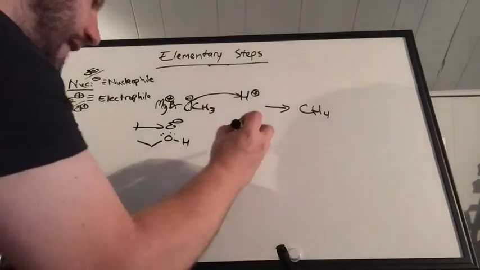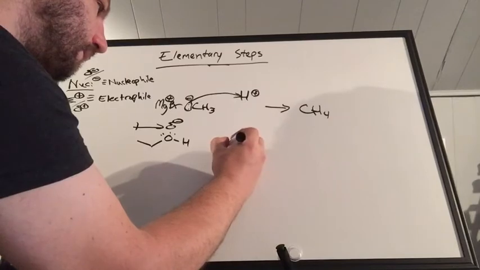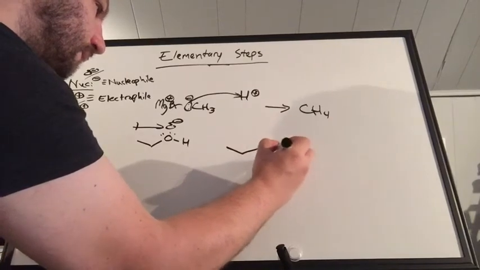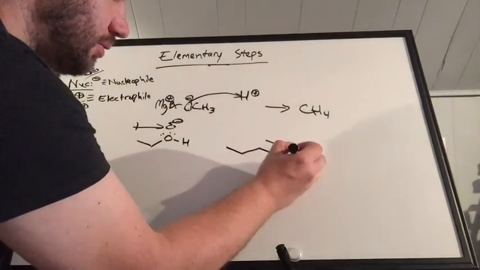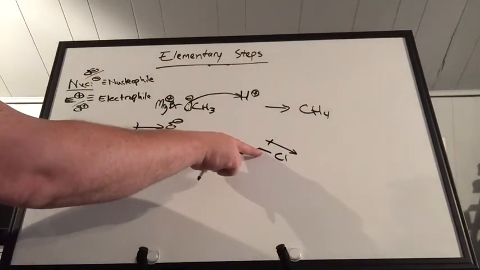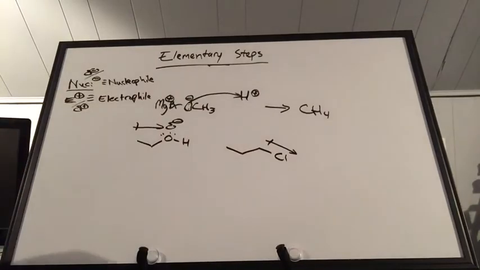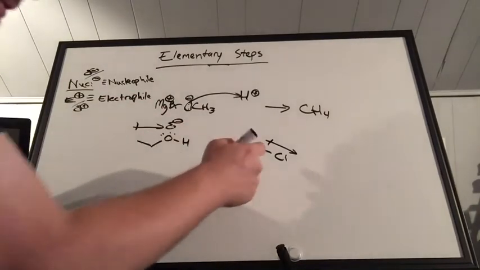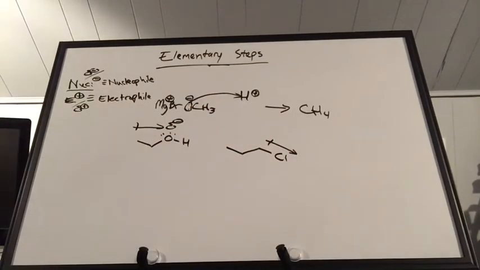Let's say we have propyl chloride. This chloro group is going to be pulling electron density away from this carbon in particular, because it's closest to that chlorine, so that means it's most attached, and that means this bond's going to be a little bit more stretched from that dipole.